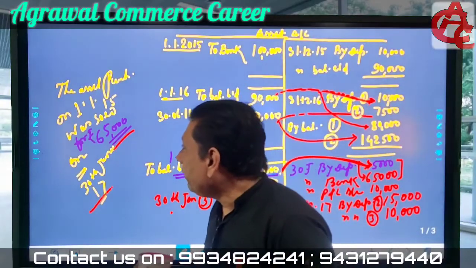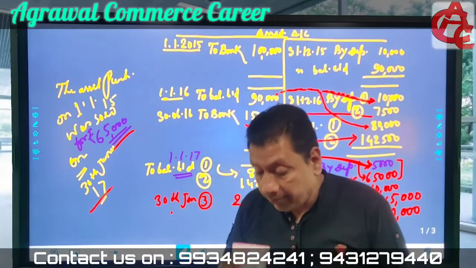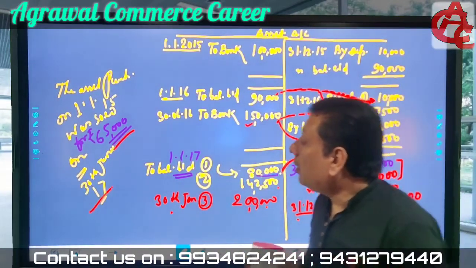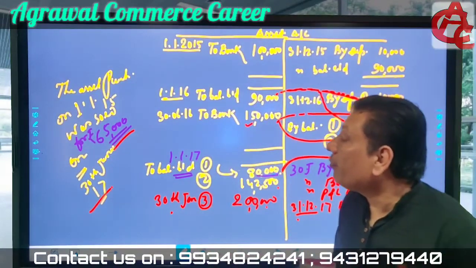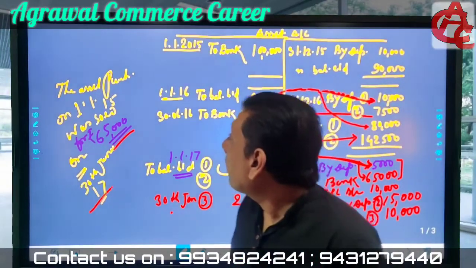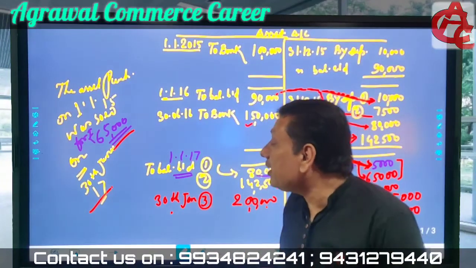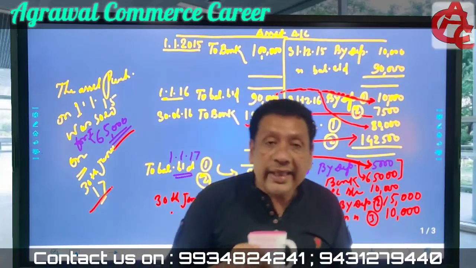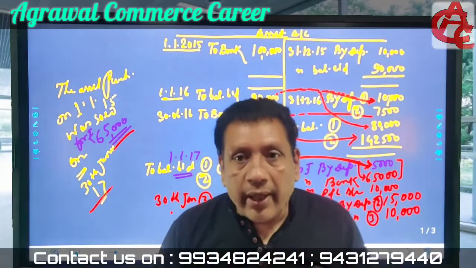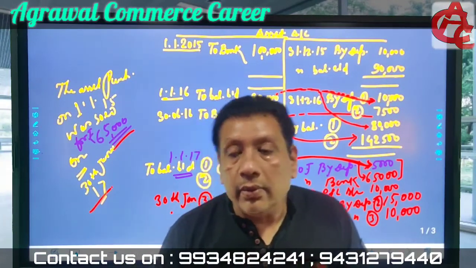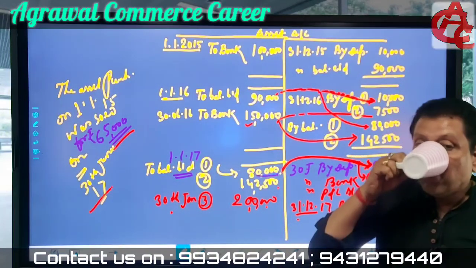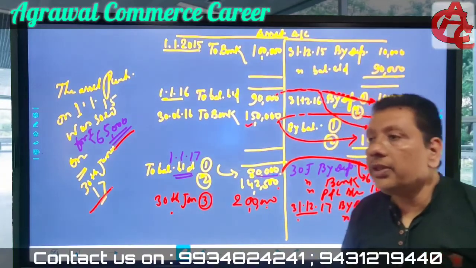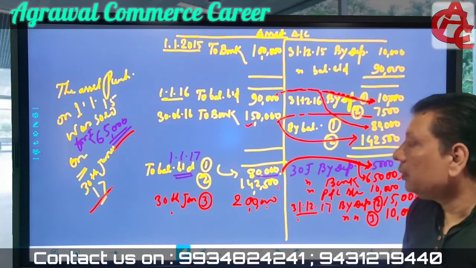On 30th June 2017, the asset purchased on 1st January 2015 was sold for rupees 65,000, and on the same date a new asset was purchased for rupees 2 lakh.